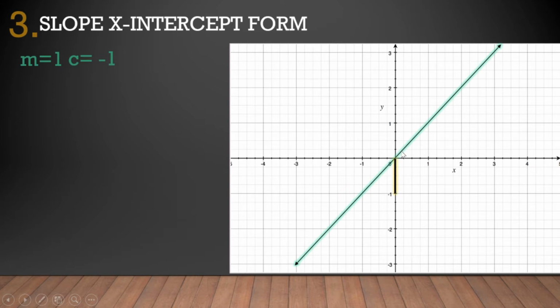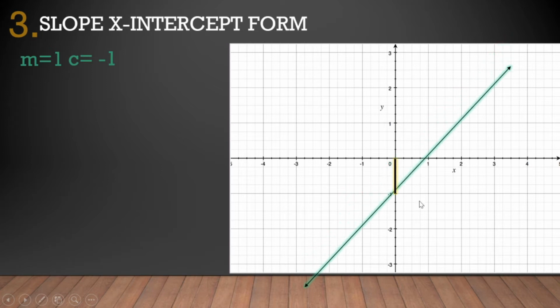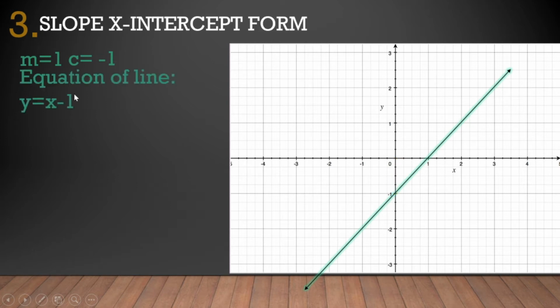So the line doesn't pass through here, it actually passes through here. So the equation of this line is y = x - 1, because the slope is 1 and the intercept is -1.